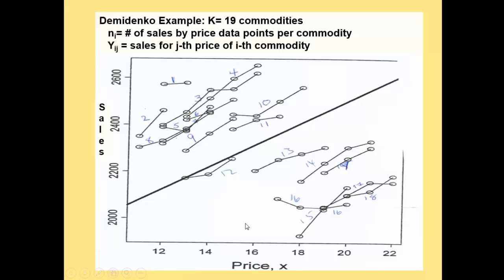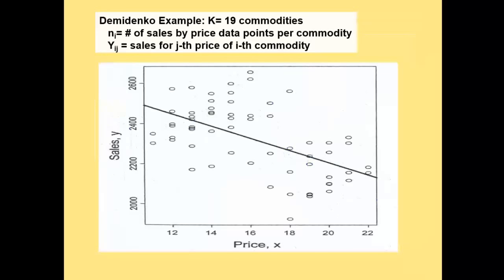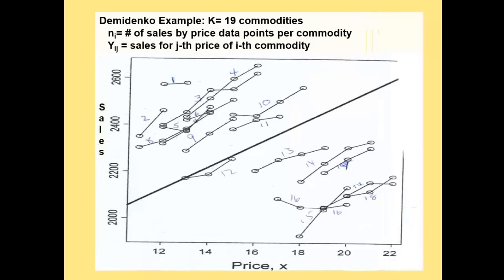If you draw lines connecting the points for each commodity, what's the relationship between price and sales? It's positive, not negative. If you treat the data as independent, you get a negative relationship, but if you consider what's actually going on, you get a positive relationship.